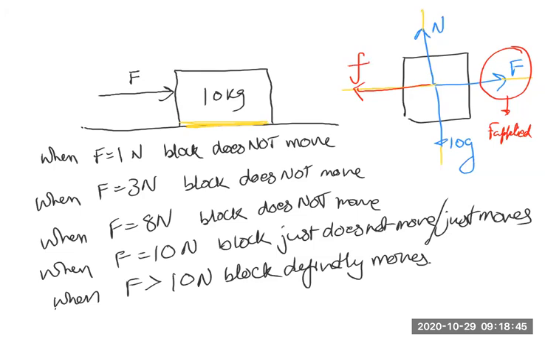Okay, right? Everybody is following me. Now, F applied is 1 Newton and the block does not move, का मतलब ये हुआ that the friction force is also equal to 1 Newton.